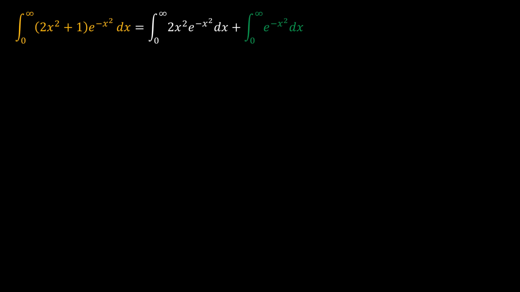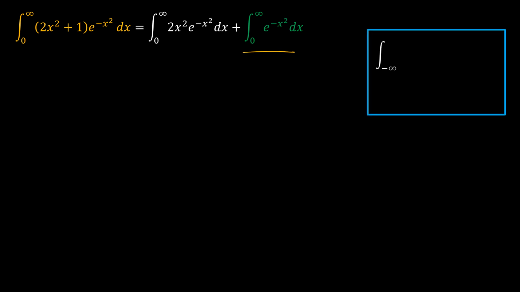From here, clearly we can see that this part can be looked at using the Gaussian integral. The Gaussian integral is, if you have e to the power negative x squared integrated from x at negative infinity to x tending to positive infinity, you get the square root of pi.